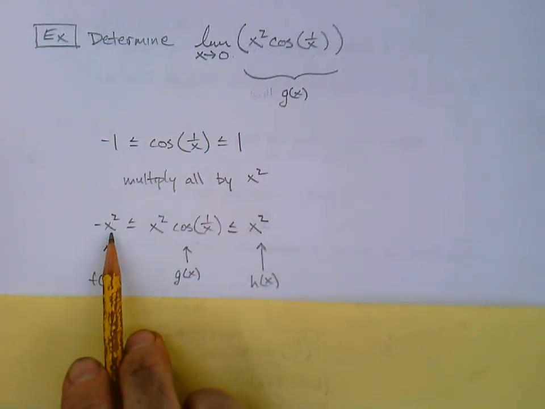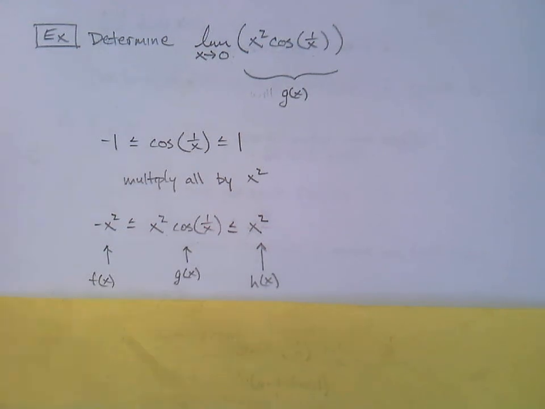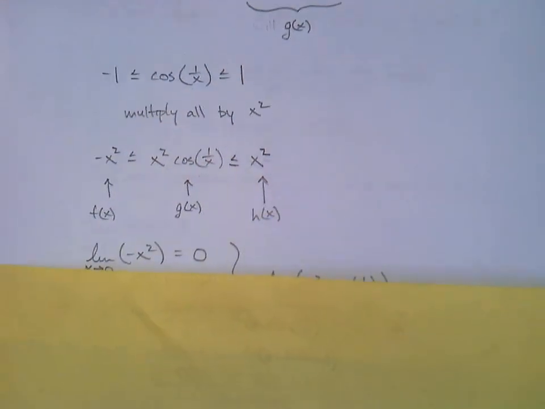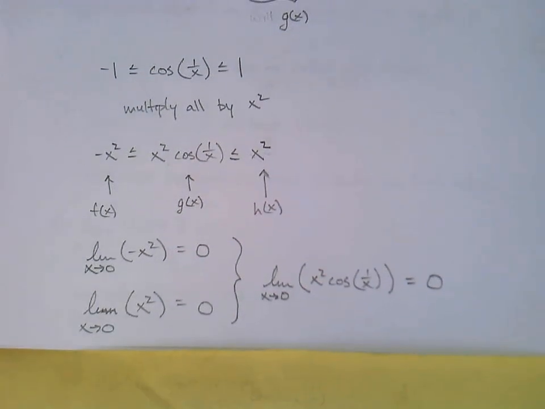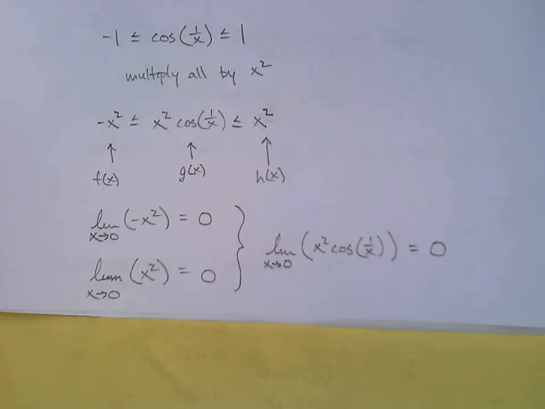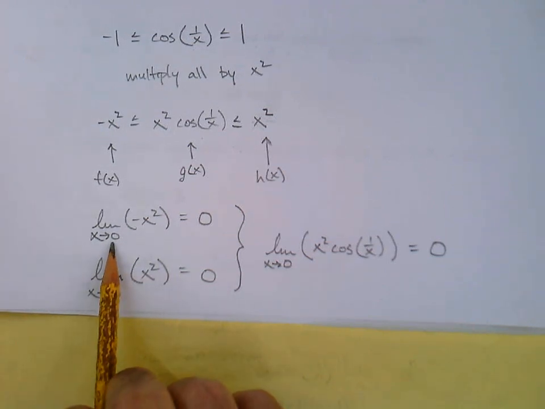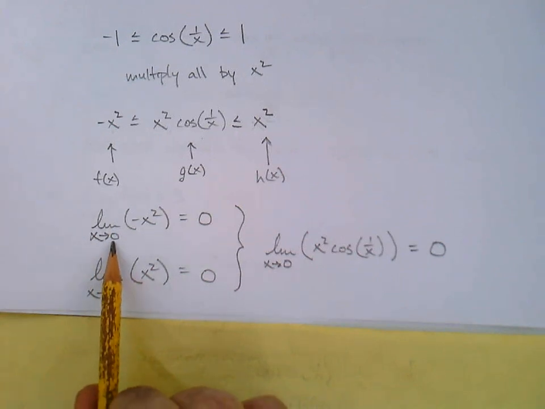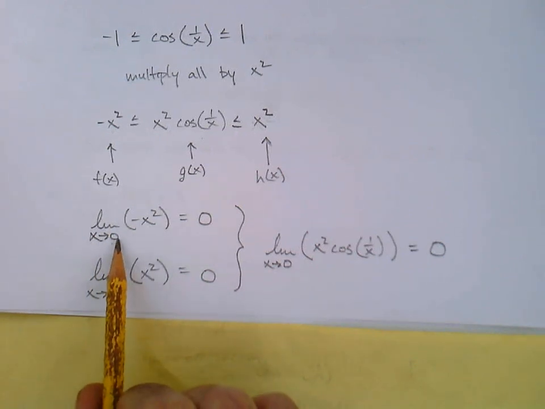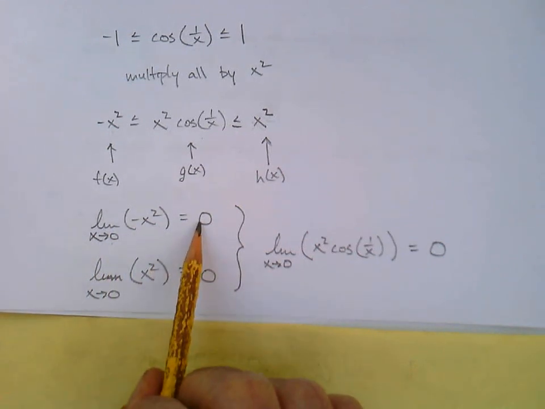So let's take the limit as x approaches 0 for this one and for this one. And here I'm actually going to show you all the rest of my work, but I'll talk it out, of course. So I'm going to take that limit as x approaches 0 for the f of x. And, well, if that's negative x squared, I can just plug that right in and get 0.